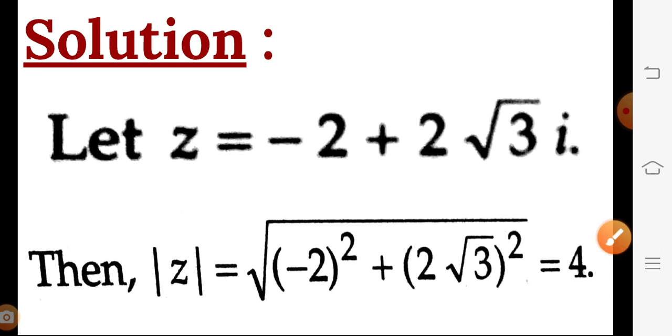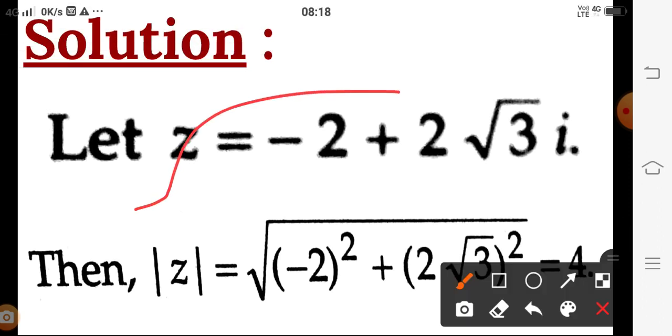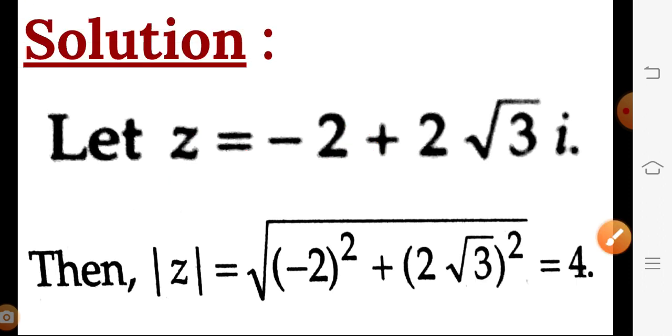If you solve this, minus 2 squared is 4, so root of 4 plus 2 root 3 squared: 2 squared is 4 and root 3 squared is 3, then 4 into 3 we get 12. 12 plus 4 we get 16, and under root 16 we know it is plus 4.